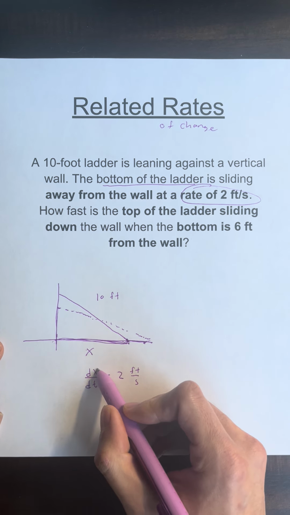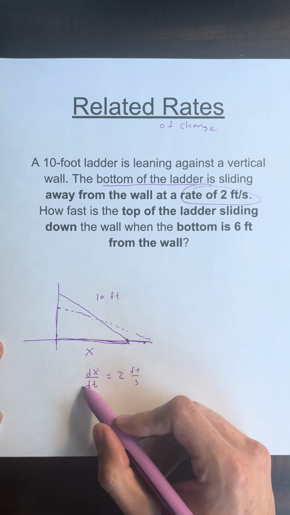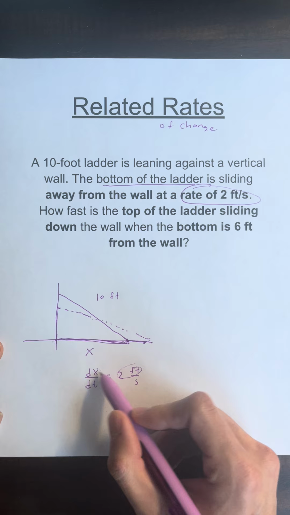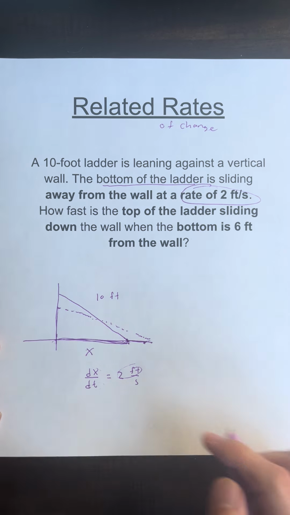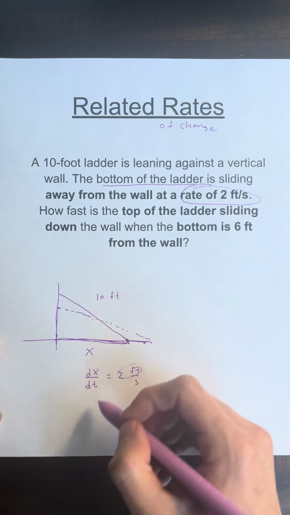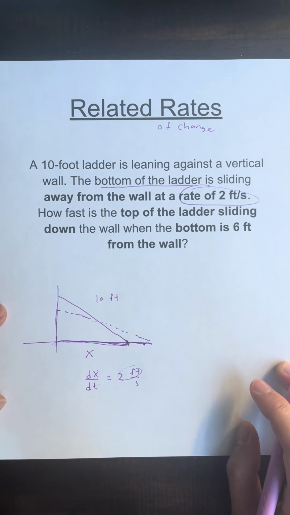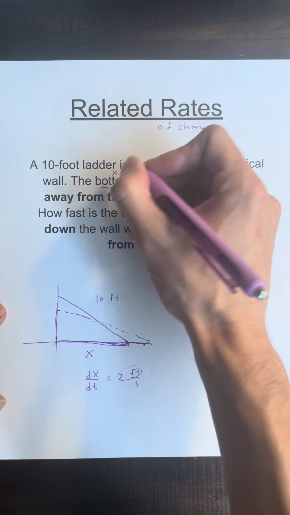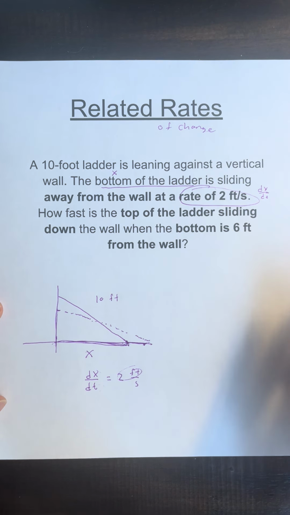Okay, so change of x with respect to time is 2 feet, so that's dx, and then time is per second, because for this problem, time is measured in seconds. So that's the first sentence.